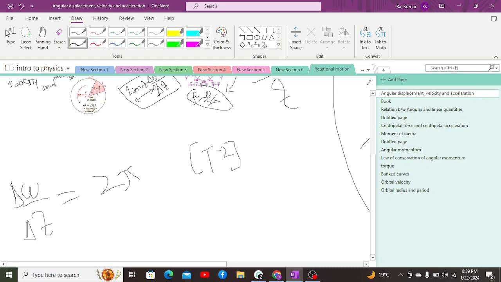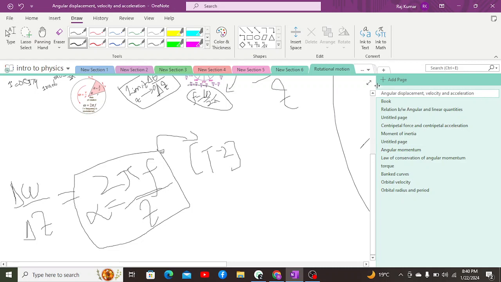So 2 pi f upon t. Angular acceleration is represented by alpha, so alpha is equal to 2 pi f upon t. Here 2 pi f upon t represents the angular acceleration in terms of radial acceleration, which we are going to discuss as well.